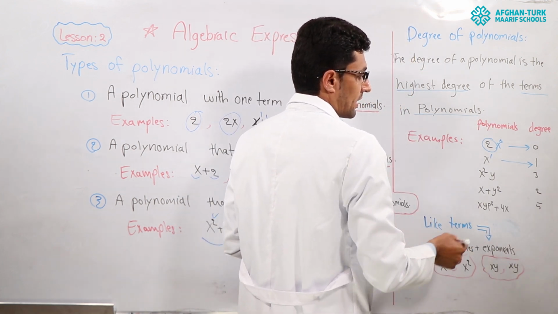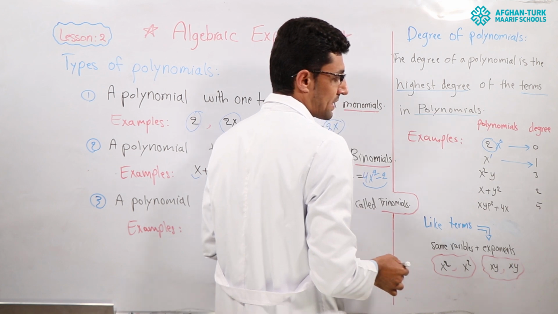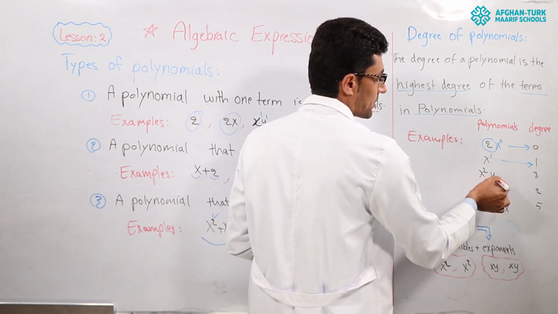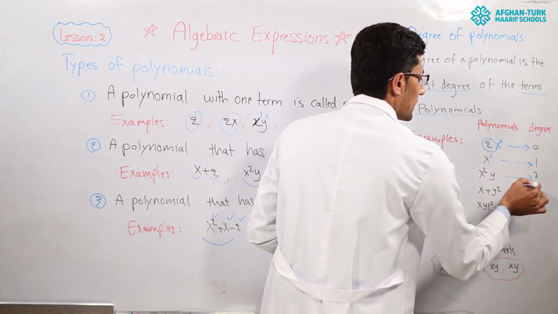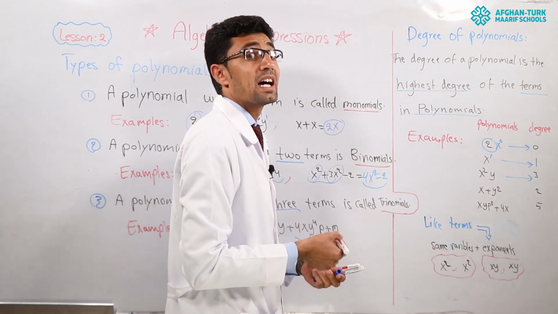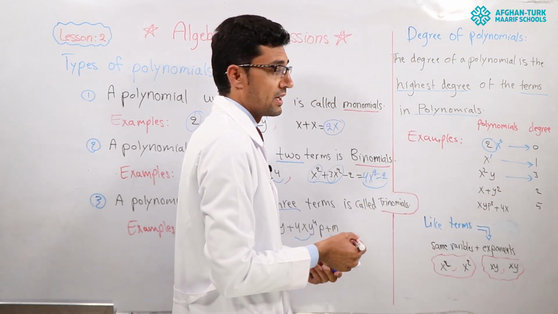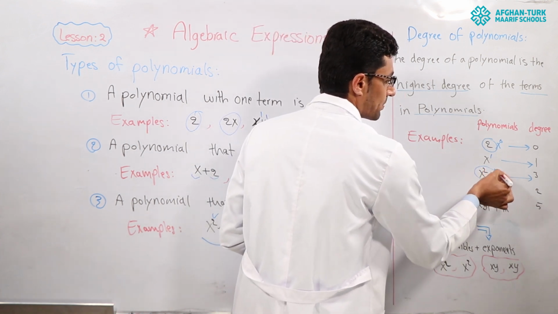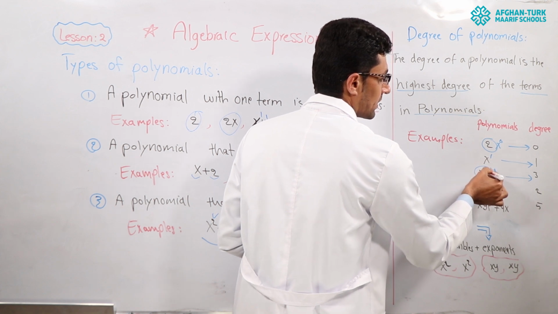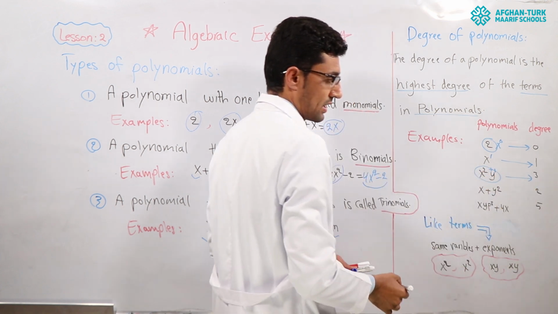So here we can have x to the power of 2 y. Now for the highest degree of a term, I should count the powers of them. 2 plus 1 is 3.